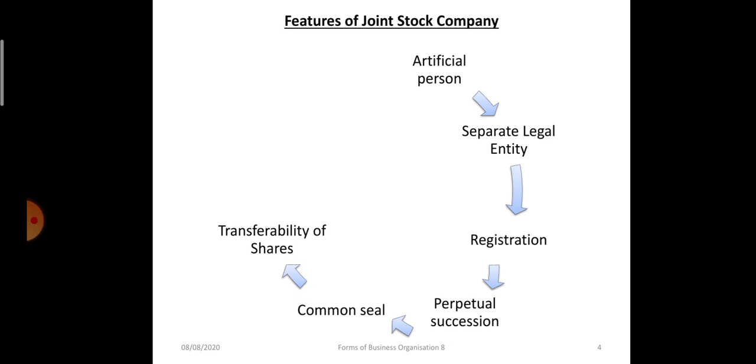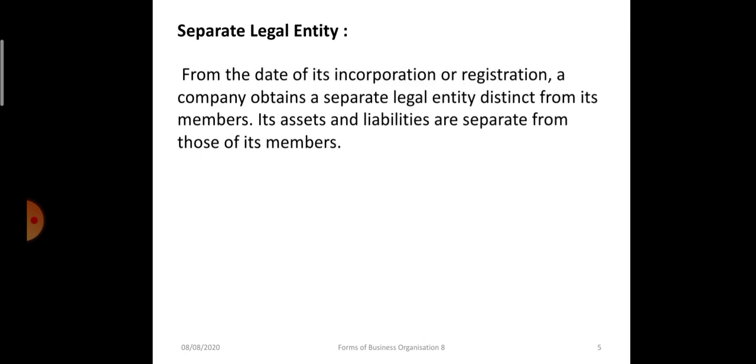The shares can be transferred from one person to another, that is, the ownership or the membership can be transferred. Limited liability, this is one of the best merits or advantages of joint stock company. The members have limited liability. And then control, how the affairs or the day-to-day management is done. So we will discuss all these points one by one.